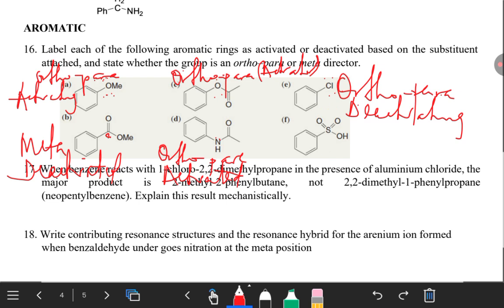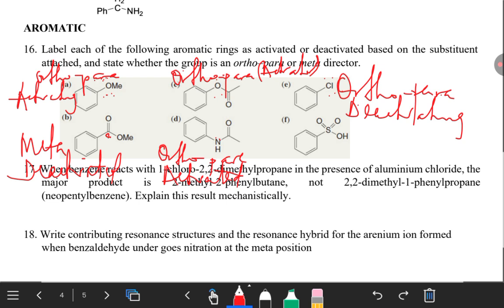Then let's look at the last one, which was a phenyl attached to sulfur, then attached to oxygen and an alcohol. Sulfur is just below oxygen, so it has 6 electrons in its outermost shell, meaning that it is able to form about six sigma bonds.